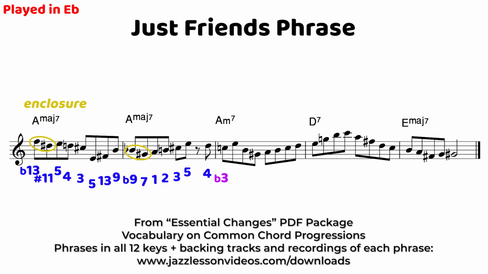So from that C, the flat 3rd, we then go up to the 5th, E, down to the 9th, which becomes the first note of our enclosure, then playing G sharp, which is the major 7th of our A minor, to enclose back to the root A on beat 3 there.